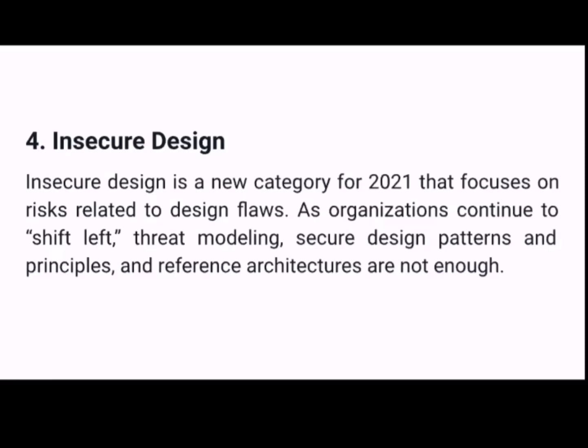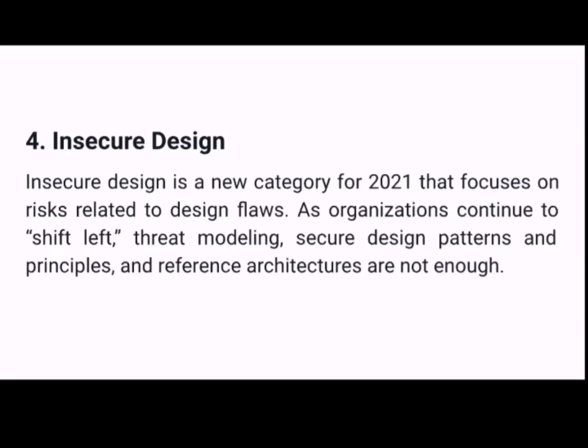Entering the list at number 4, this new category, insecure design, in the OWASP Top 10 2021 list focuses on the risks associated with design flaws that lead to poor security controls. It reflects the industry's growing focus on creating secure by design apps.